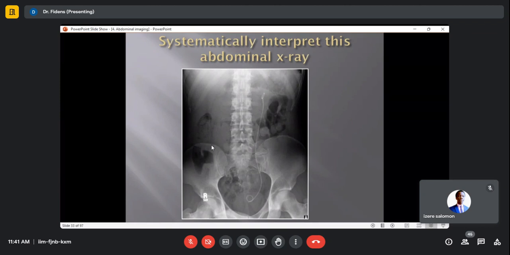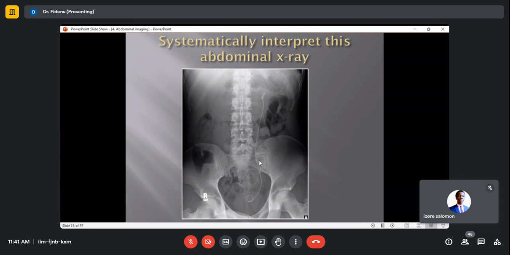Exactly. For example, here, can you see this? I think this is the cecum. Yes. If you don't know, you can say there is a lesion in the iliac region, here. But we know this is the cecum, superimposed on the bone. The same here, some different structures can be superimposed and change the way you see them.